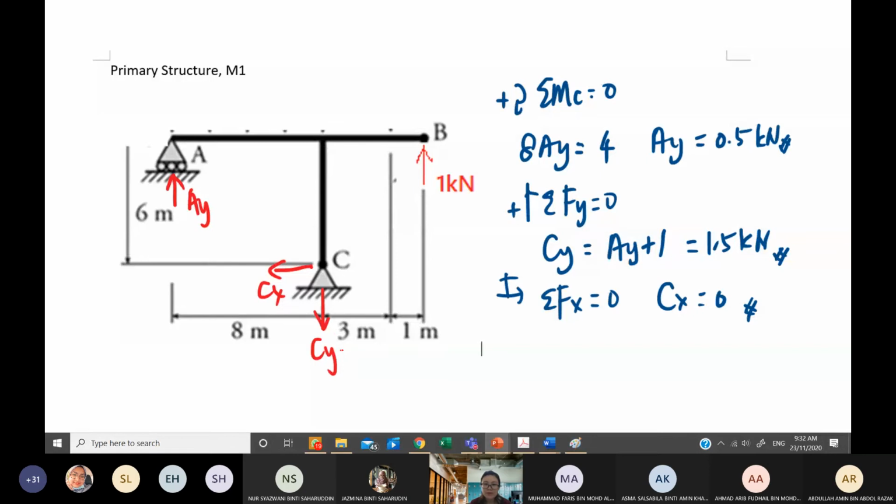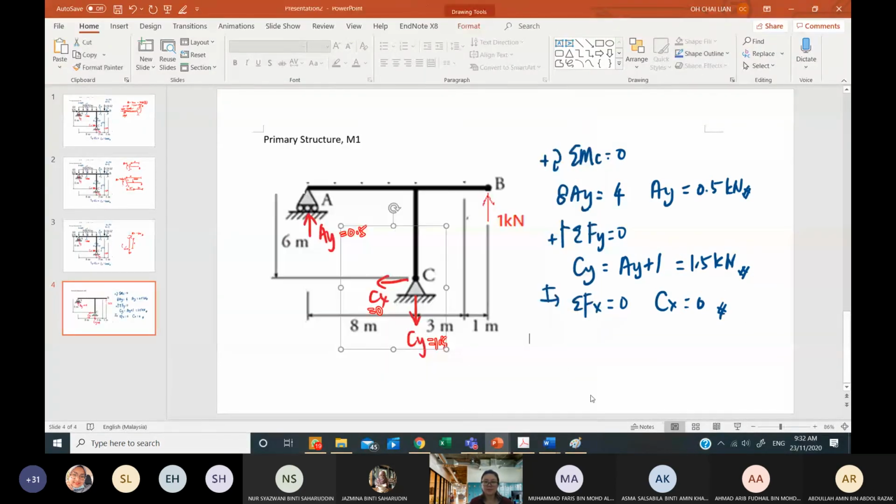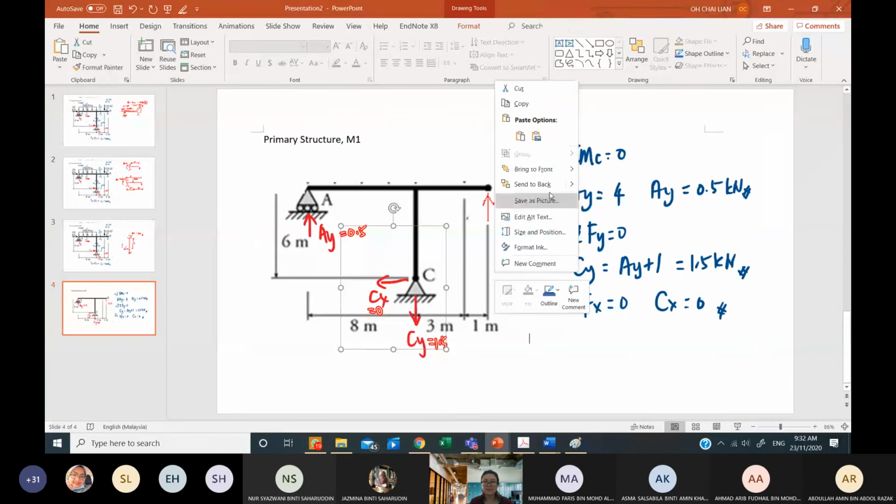CY is 1.5, CX is 0, AX is 0.5. Okay, let's do it. So, cannot group it.